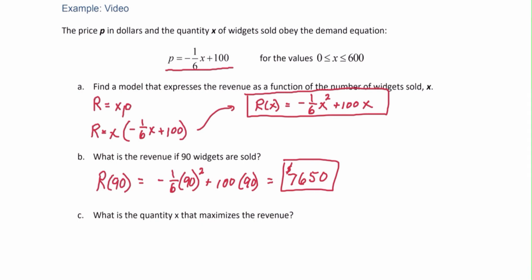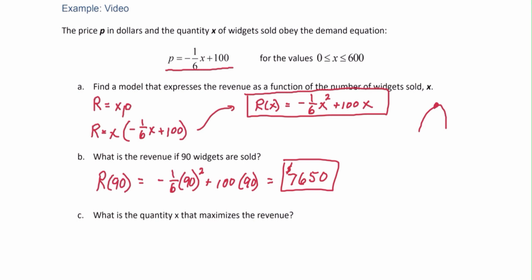Part C, what is the quantity that maximizes revenue? Notice that the revenue function from part A is a quadratic and it's opening down. So that means we have a maximum somewhere. We're looking for where that max occurs. That's the vertex of the parabola.